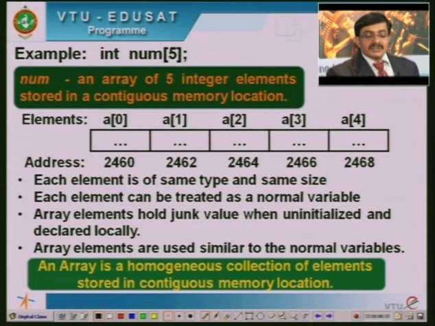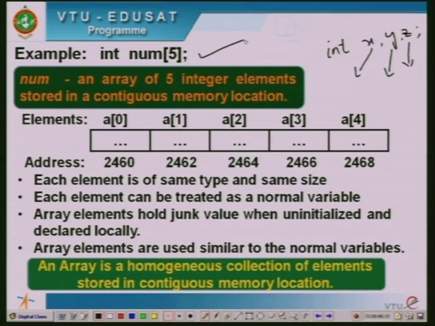But when I use the term array, they are arranged in a sequential order, in continuous memory locations. Thus we say int num of 5 is an array of 5 integer elements stored in a contiguous memory location.